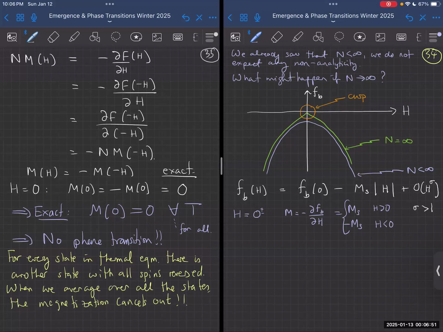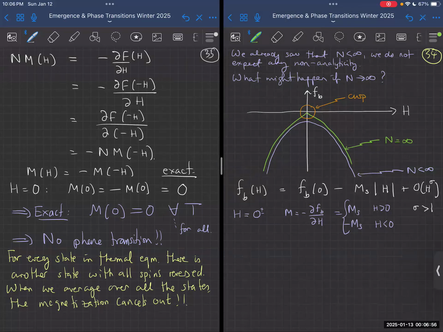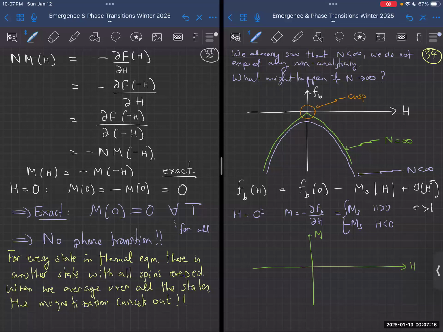Now here's another very instructive way to think about this. Let me draw the magnetization as a function of H. Here is the external magnetic field, and on the vertical axis is M. Let's first draw what we expect for M for n being less than infinity, for a finite number of degrees of freedom.